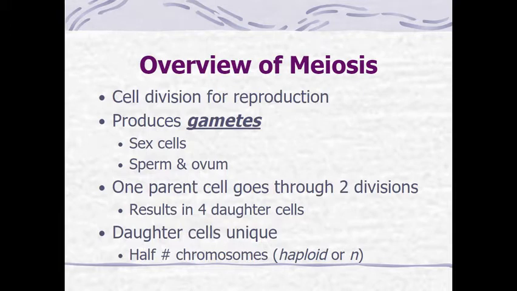And the daughter cells that are produced are completely unique. They are unique compared to one another, and they're unique compared to the parent cell. And in terms of chromosome number, they have only half the number of chromosomes of the parent cell, which makes them haploid, or N for the abbreviation.